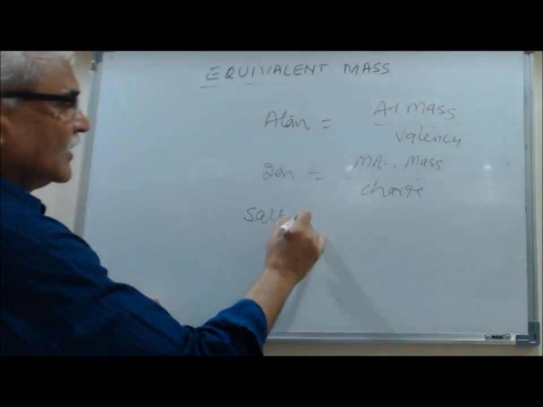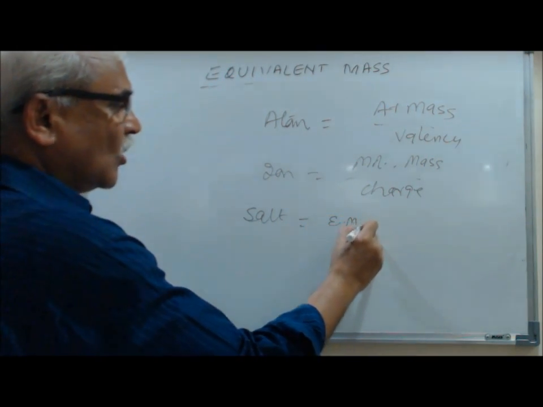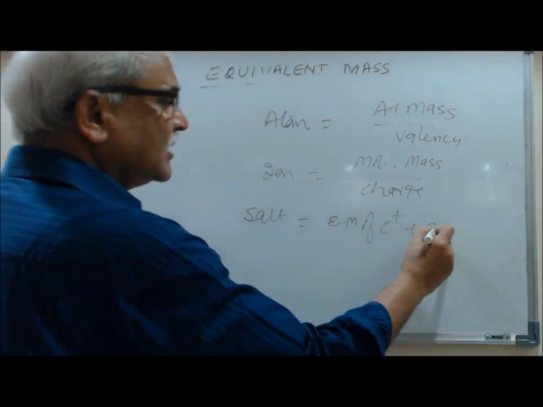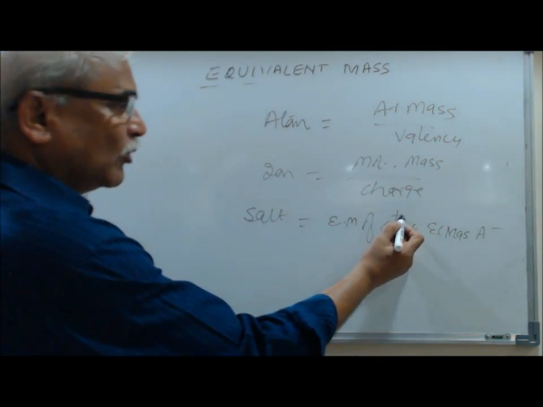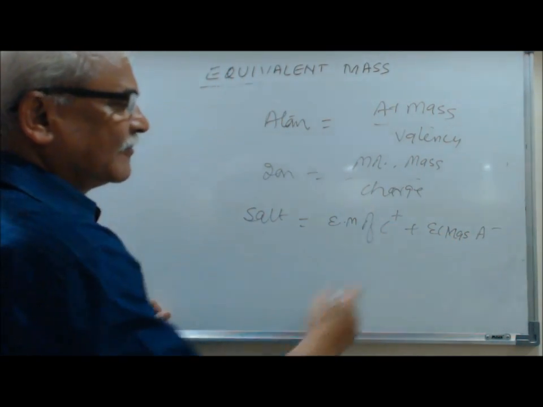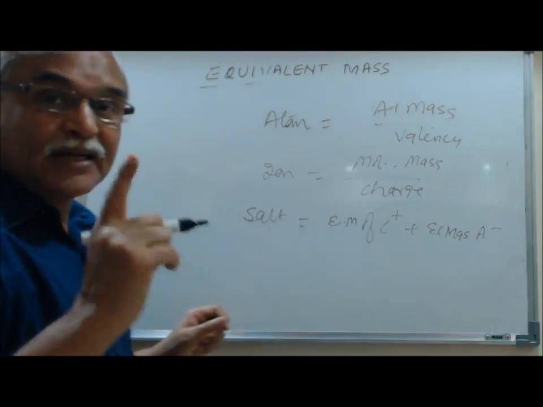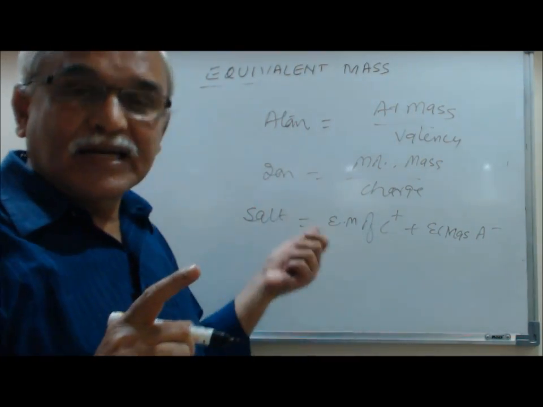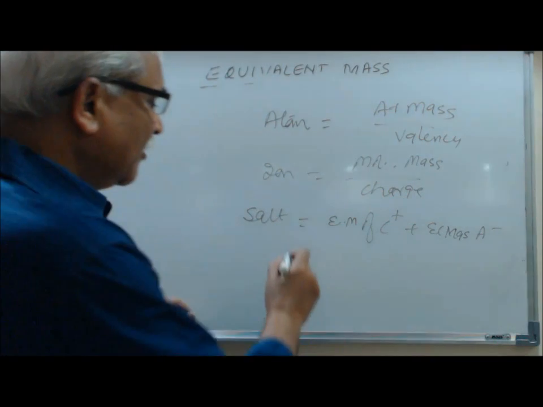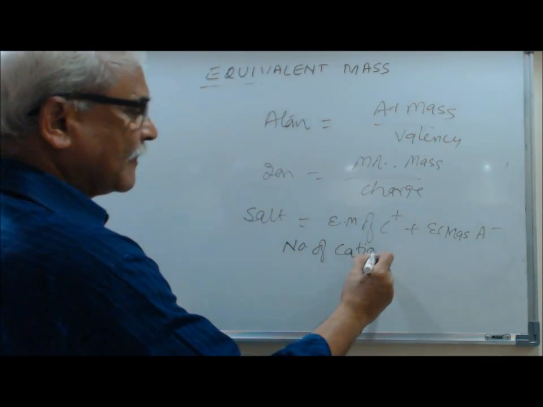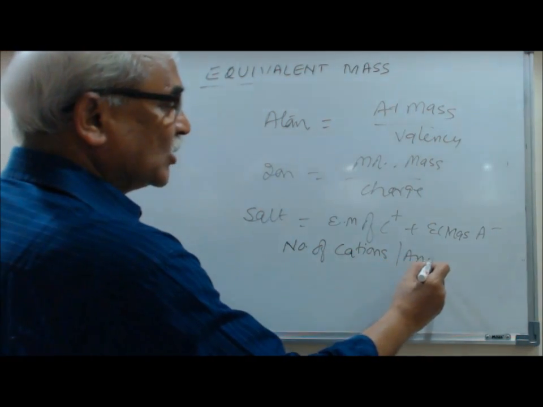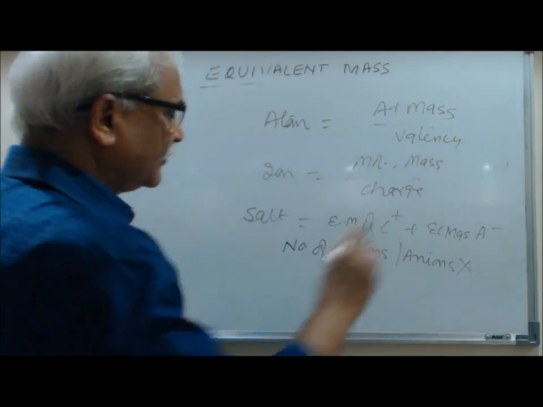Salt: simply the equivalent mass of the cation plus the equivalent mass of the anion. There can be more than one plus also; I am just saying cation. Here we do not consider the number of cations or the number of anions.